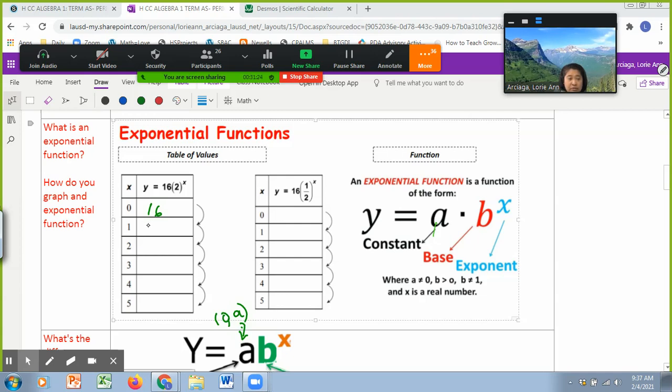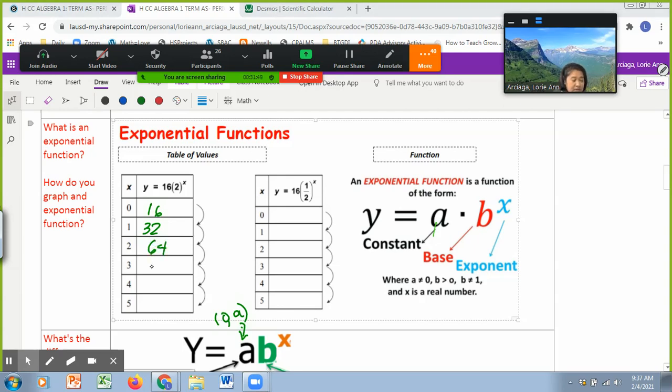If you use 2 as the factor, 32. Very good. Next, do the same thing. Make it grow by 2. Not add 2, but multiply by 2. What's next after 32? 64.